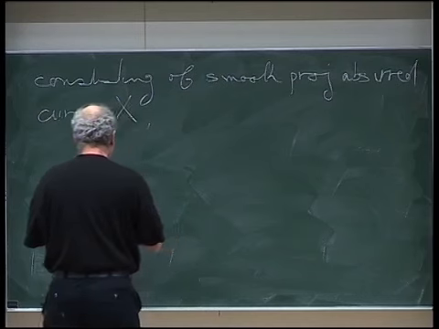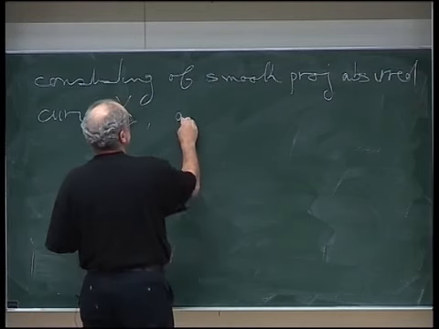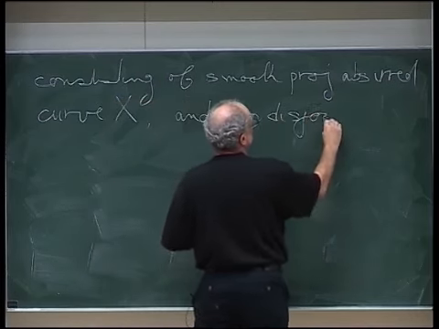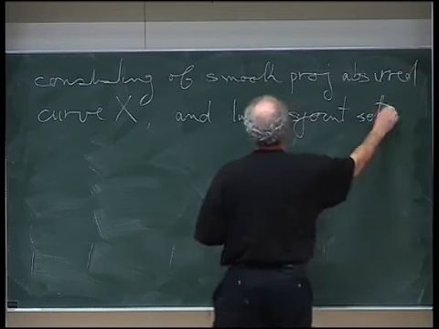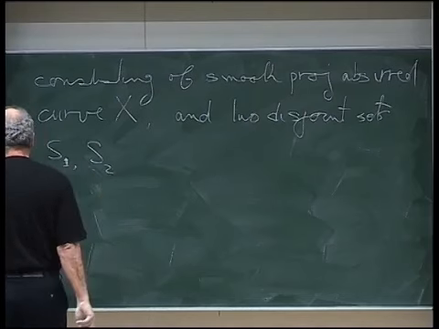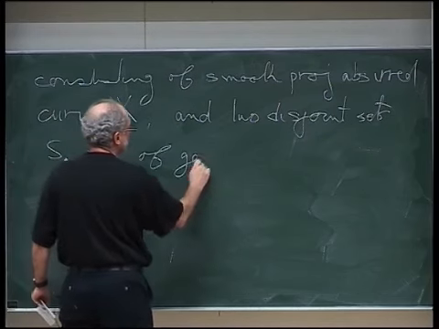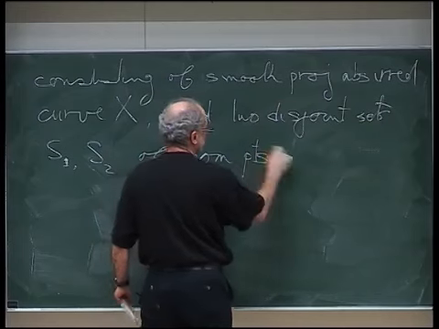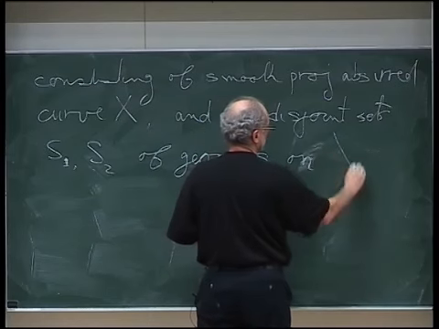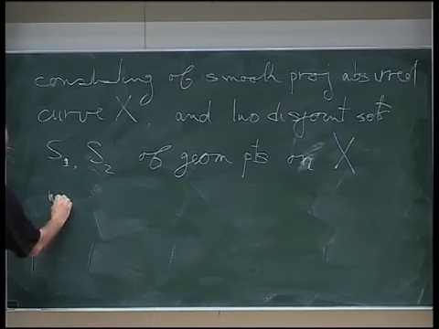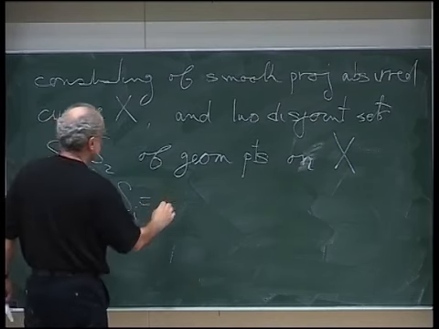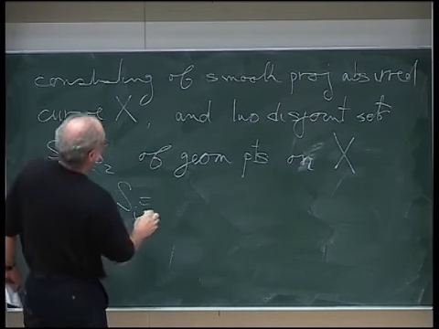and so over Z, I guess, and two disjoint sets S1 and S2, they have to be disjoint, of geometric points on our curve with cardinalities these numbers m_i.